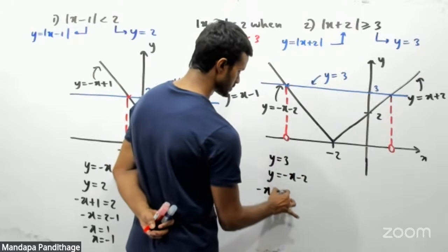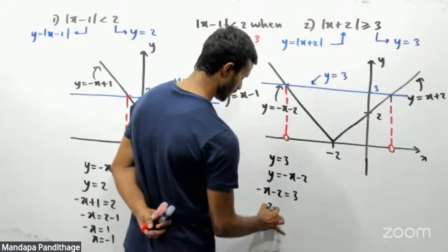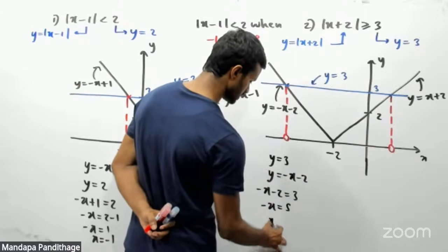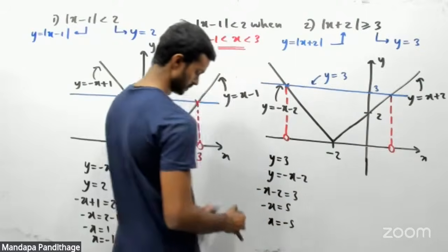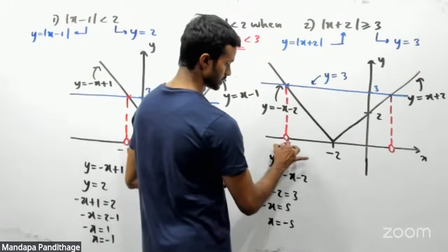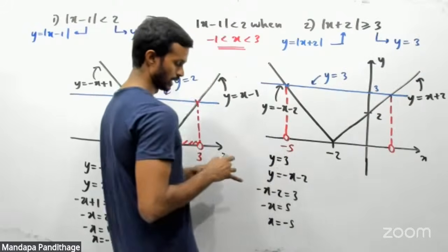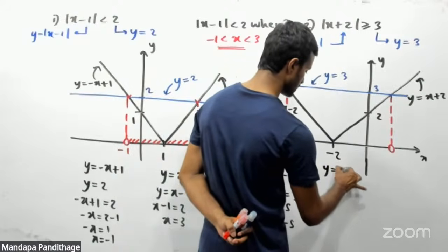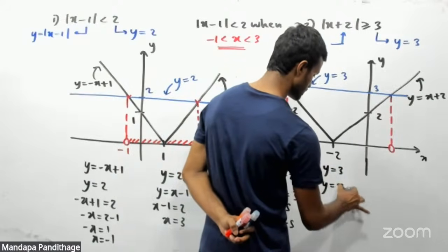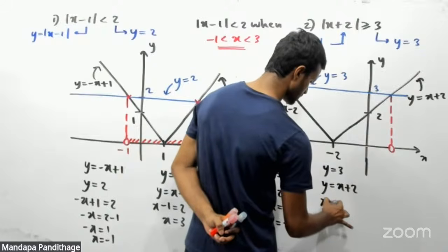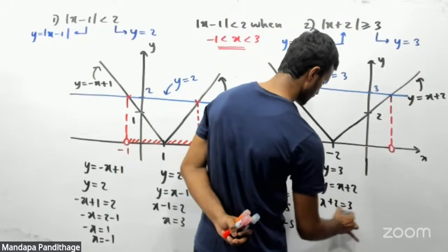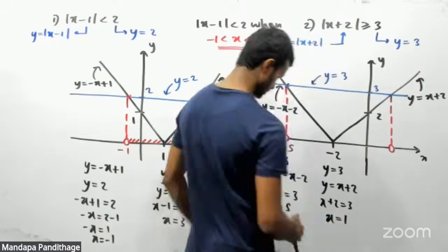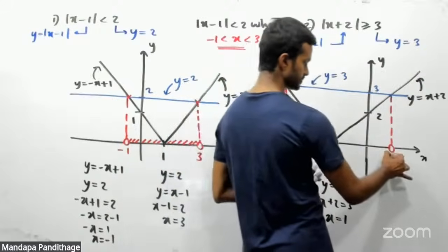So minus x minus 2 is equal to 3, minus x is equal to 5, and x equals minus 5. So this is minus 5, and here y equals 3. Solve these two simultaneously: y equals x plus 2, giving x plus 2 is equal to 3 and x equals 1. So this is equal to 1.